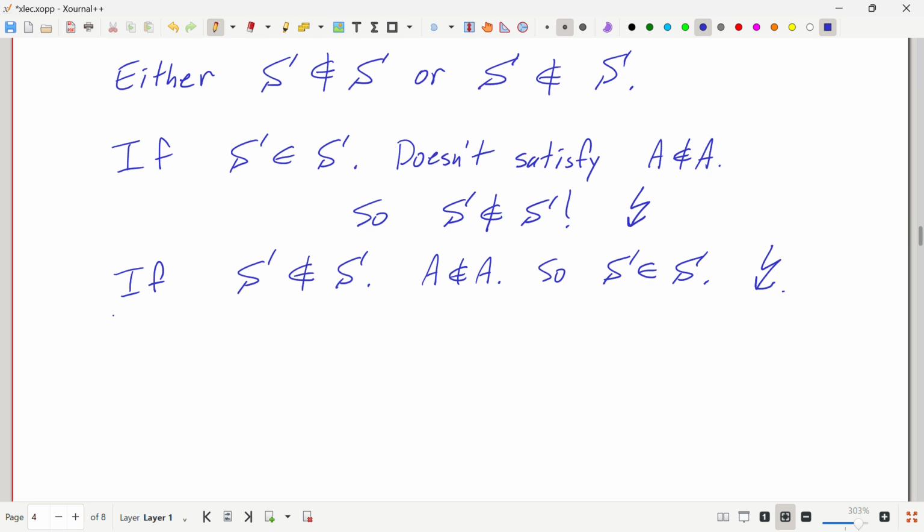So the horror is set theory seems to be inconsistent. And the fact is that the set is just too big.